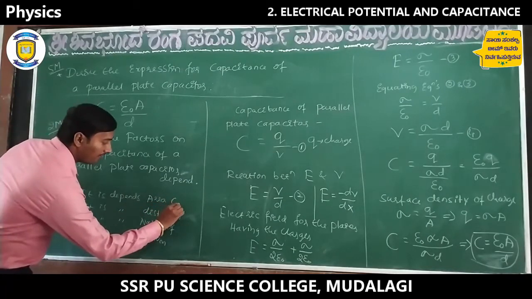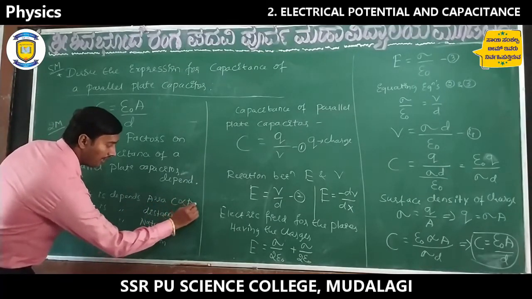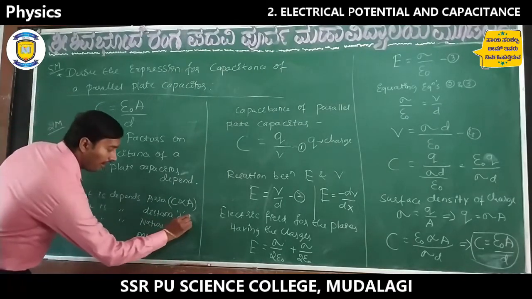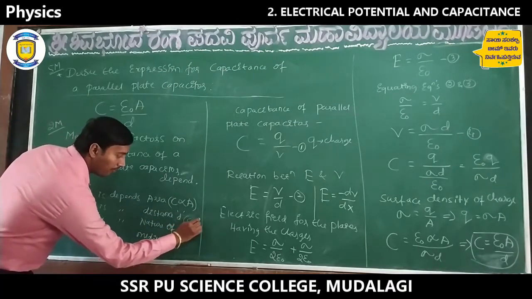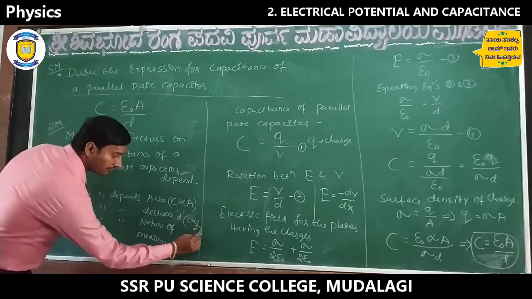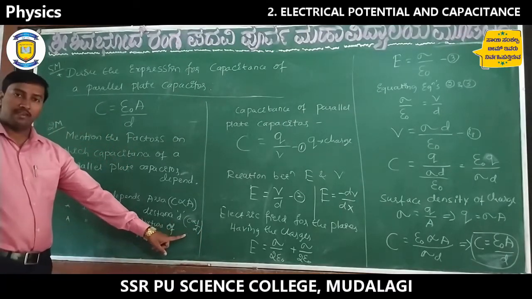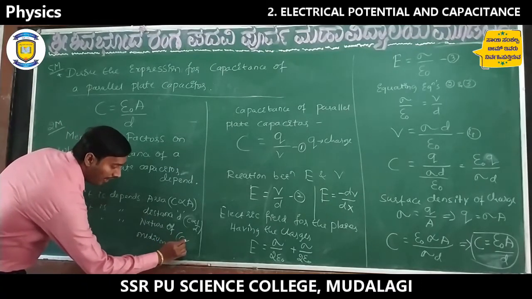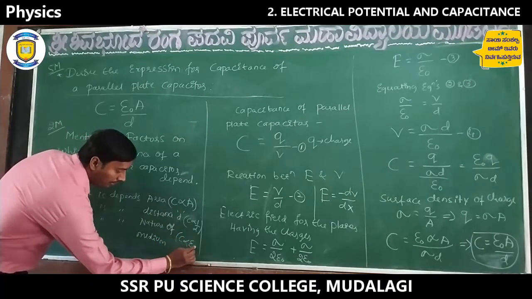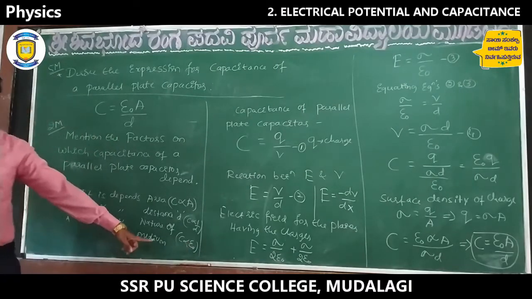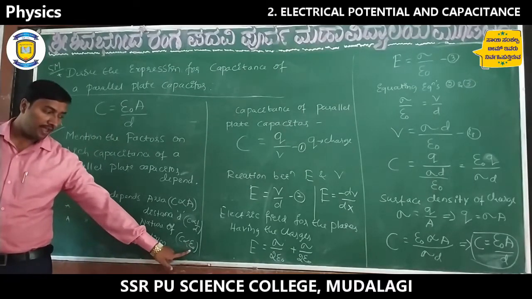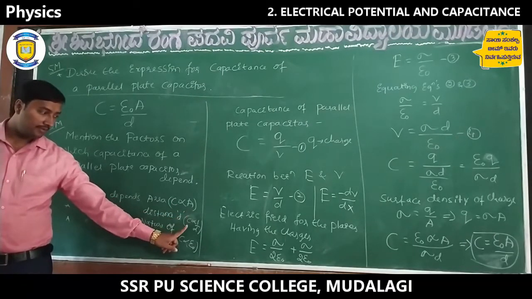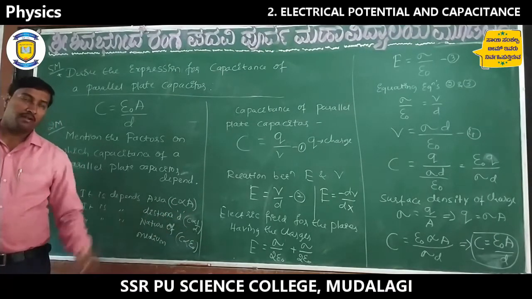The capacitance is directly proportional to the area, inversely proportional to the distance, and directly proportional to the absolute permittivity, that is, the nature of the medium. C is directly proportional to epsilon naught, C is directly proportional to A, and C is inversely proportional to D.